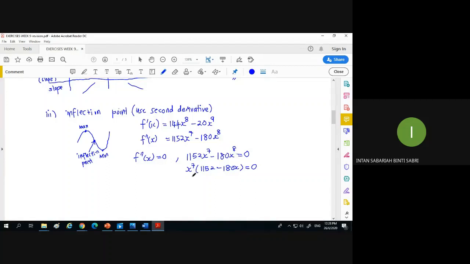You can divide everything by x power of 7, on both sides, because it is 0 here and 0 there. So what you have now is 180x equal to 1152.